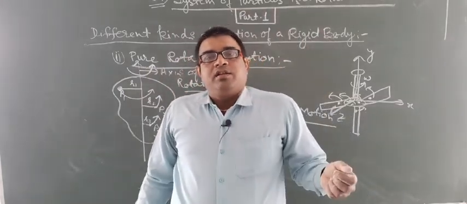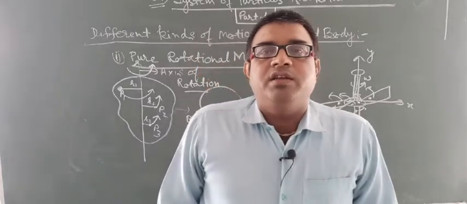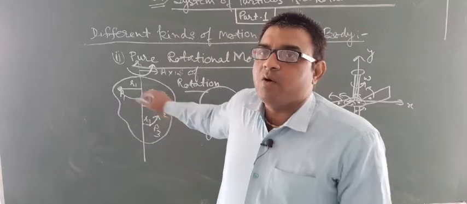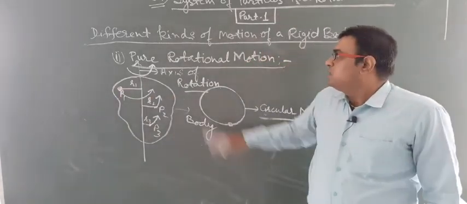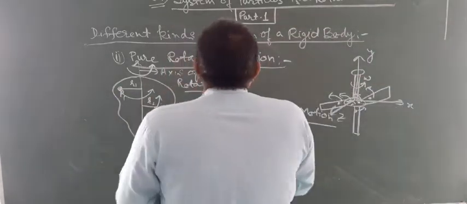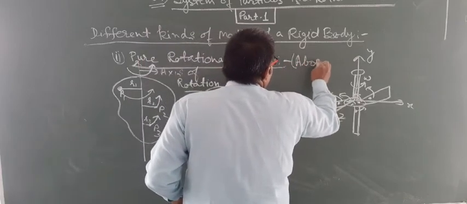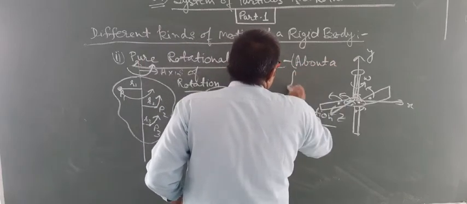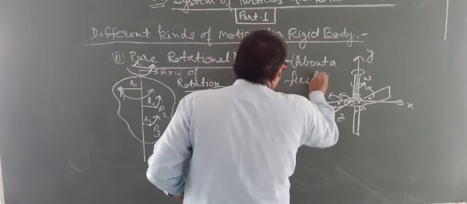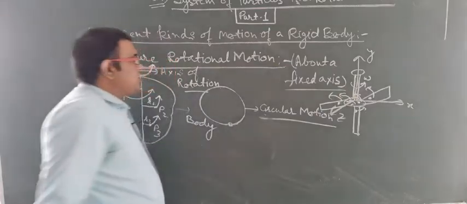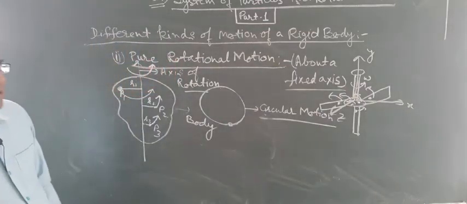If the different particles of the system or rigid body are executing circular motion with different radii, then that motion of the system of particles or rigid body is called pure rotational motion. So this is pure rotational motion about a fixed axis.